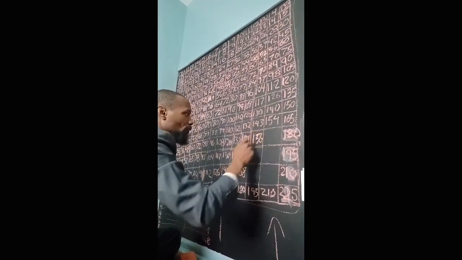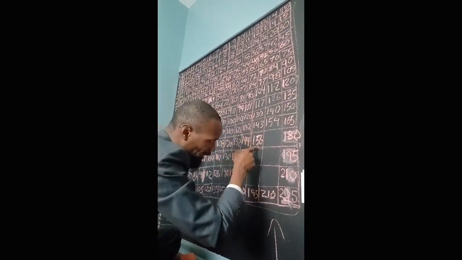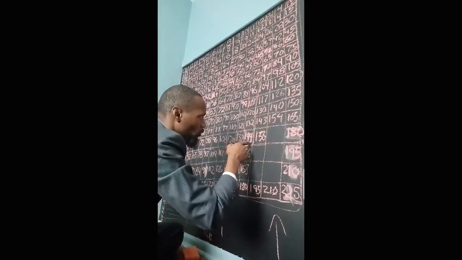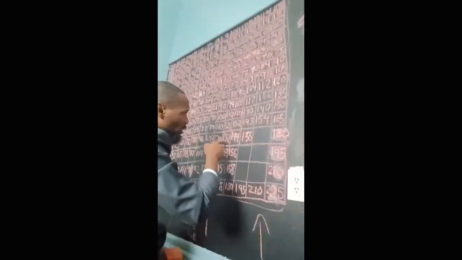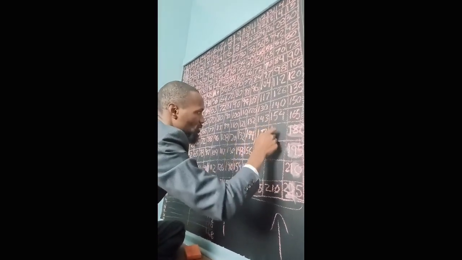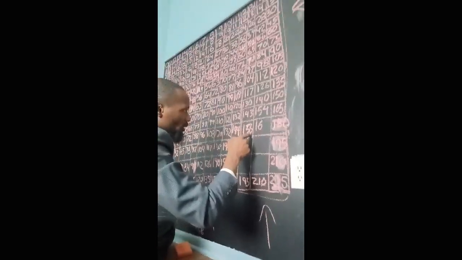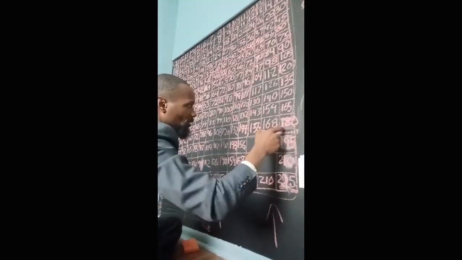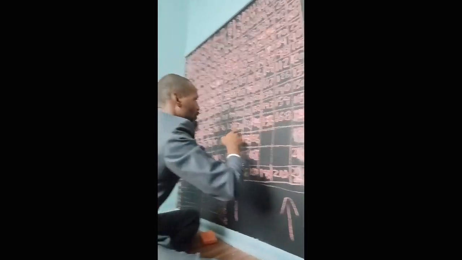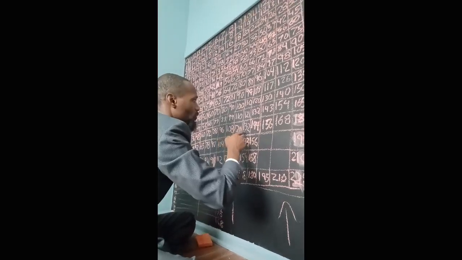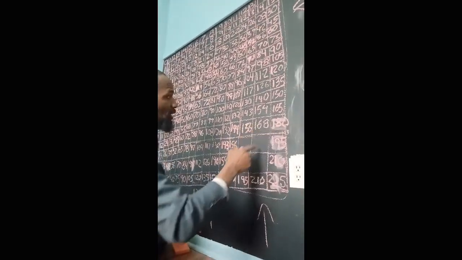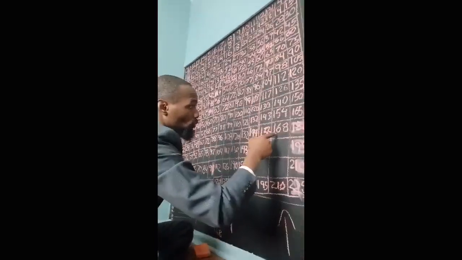How do I do that? 144 plus the next 12 is just 1 up. 2, 4, 6. 13, 14, 15. This is 16. 8. 18. 10, 12, 13, 14, 15, 16, 80. Why? Because we're going to skip that.